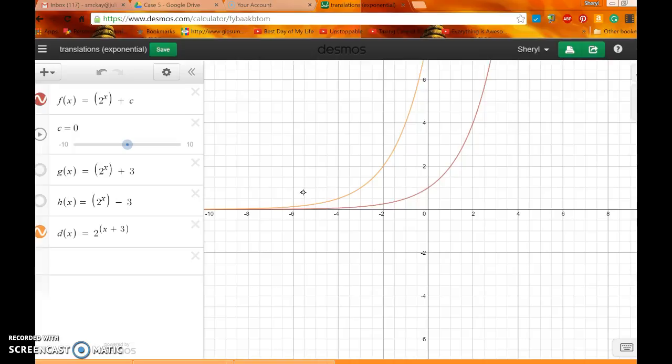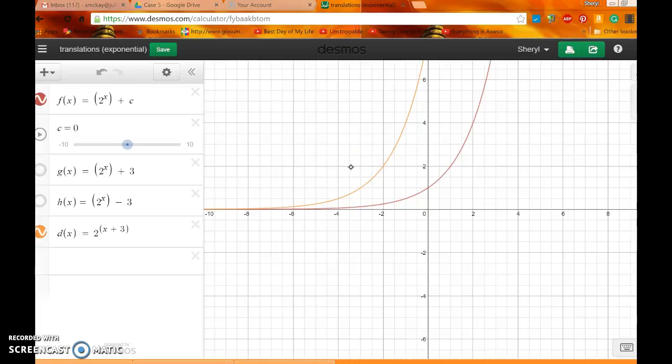So when x was 1, y was 2. Now when we add 3 to our x in our equation, our actual graph shifts 3 to the left. So again, it's sort of a backwards thing.